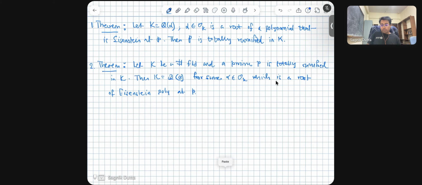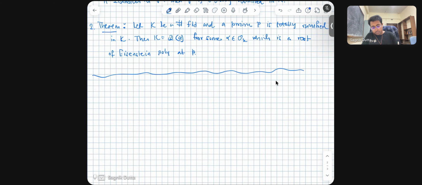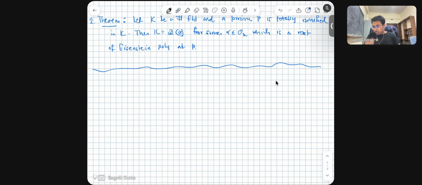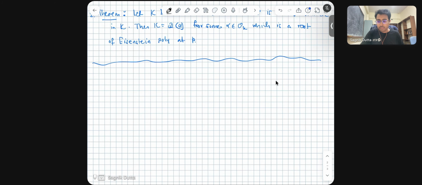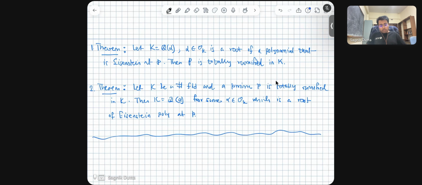And surprisingly, both the proofs are kind of easy. So if I start with the first proof, the first one says that you are given a root of an Eisenstein polynomial at some prime.